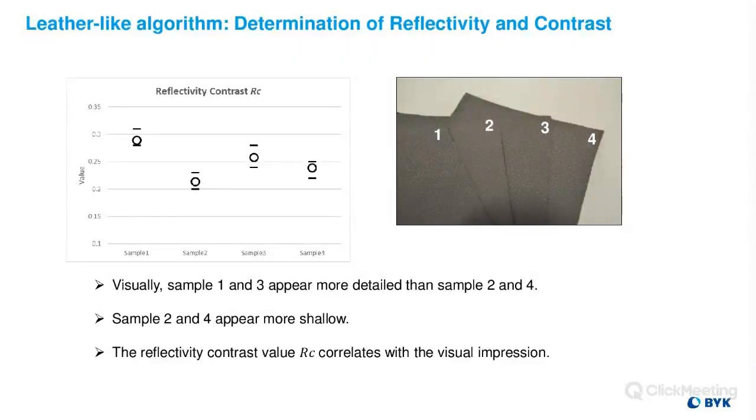So just to summarize this portion, the higher the difference in reflectivity between the high points and the low points, the higher the perceived depth of the grain. And this is going to cause the visual appearance of having more texture.